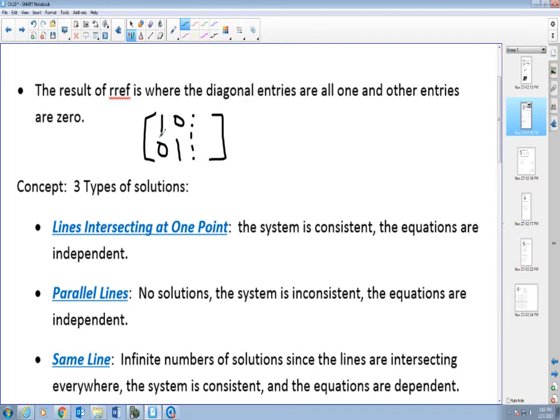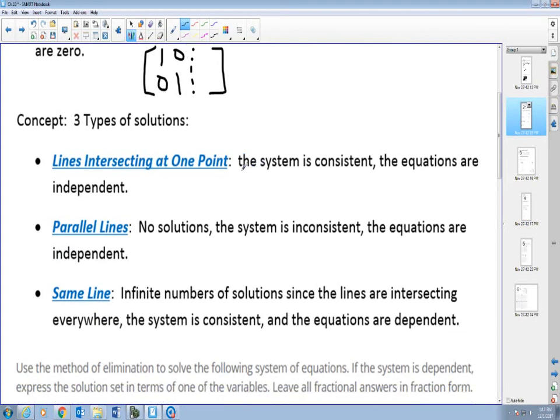Because when the first entry of the first row says 1, that means 1x is equal to this number. When the second row, second column entry says 1, that's referring to 1y is equal to this answer. Normally when we read our answer, we read from left to right: 1x plus 0y equal to this answer, 0x plus 1y equal to that answer. That's what I want to see.